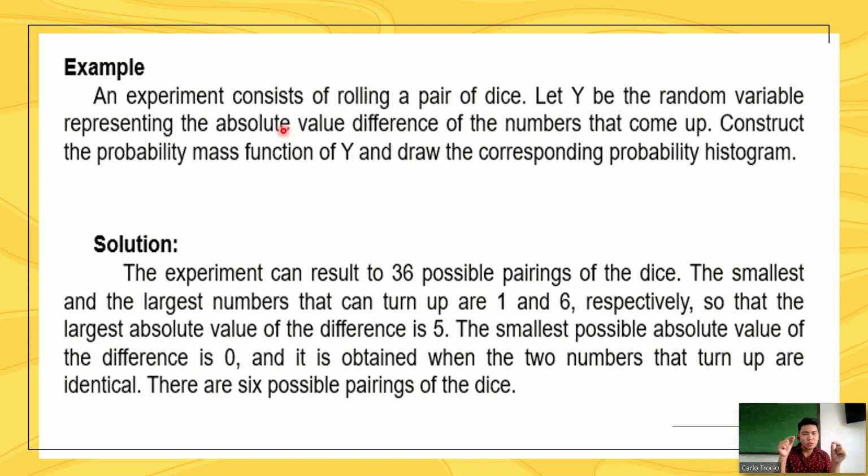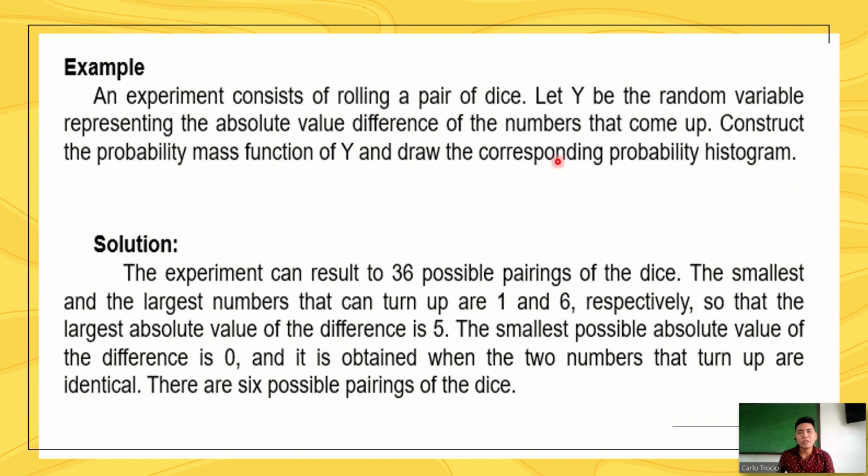For example, 6 and 5: if you subtract 6 minus 5, you will have 1. For example, 5 and 6: 5 minus 6, you will have negative 1, but since this is absolute value, you will still have 1.